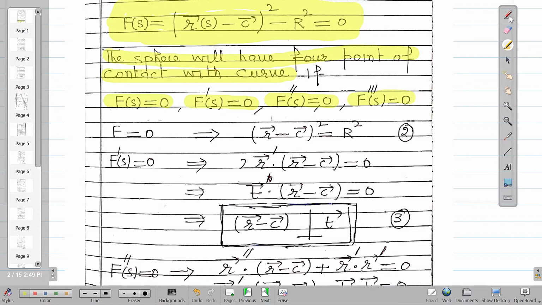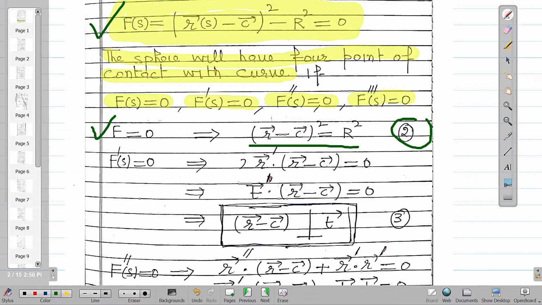If it had 3 points of contact, then only f dash s and f double dash s would be 0. From f equal to 0, we get a very important equation, which is equation number 2.